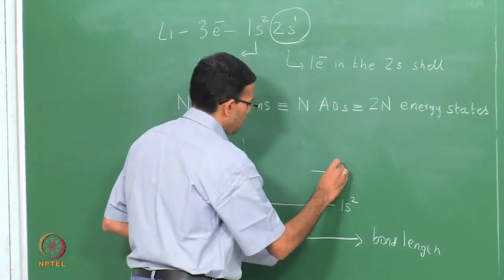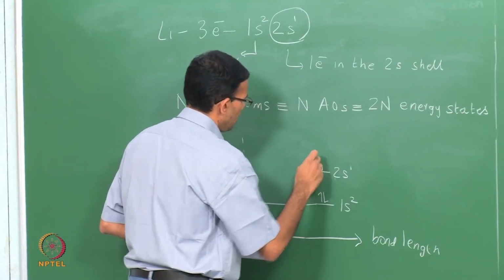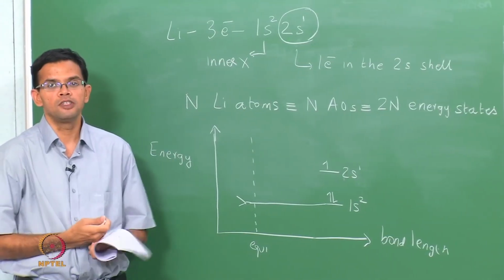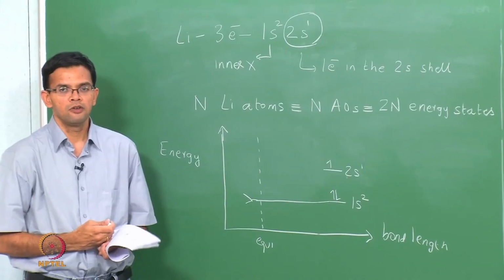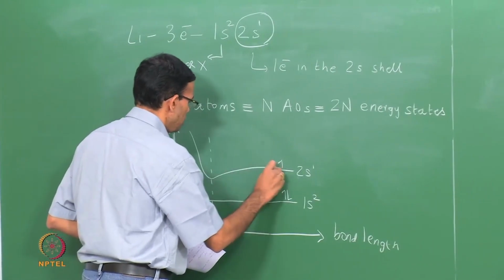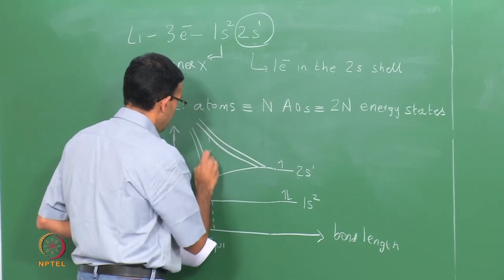Now, you have the 2s1. If you have n lithium atoms, the 2s1 of all of those lithium atoms come together to form n molecular orbitals. So, once again we can draw this picture where we will have n lines here.